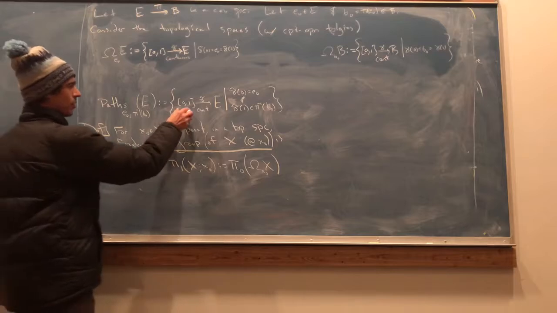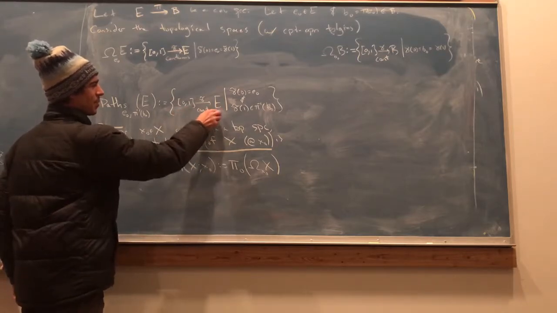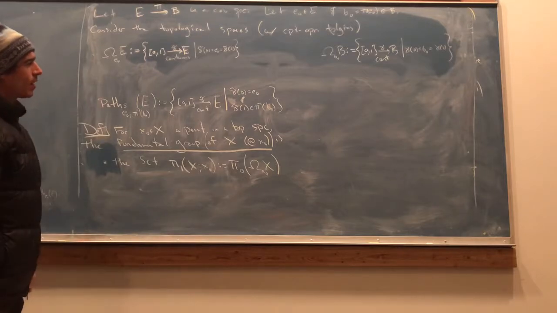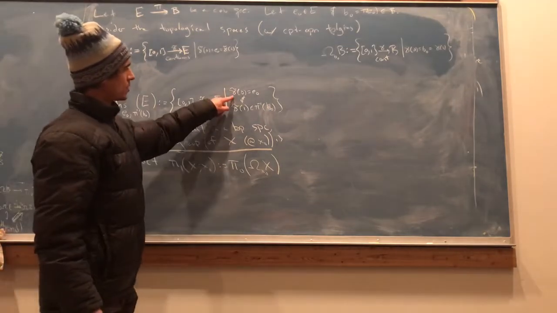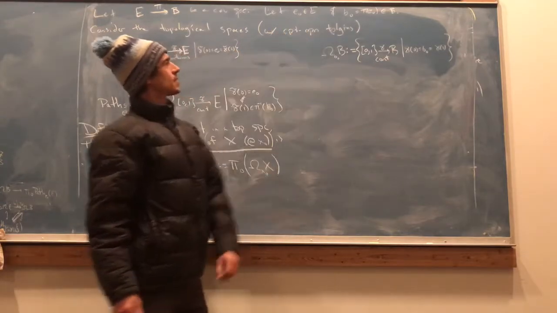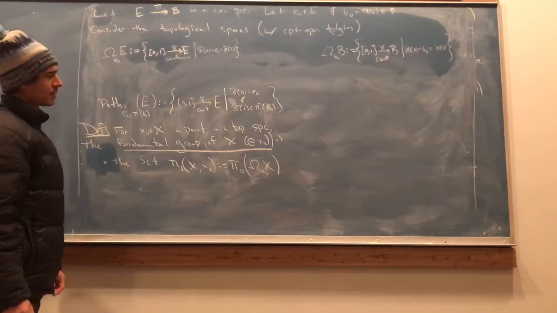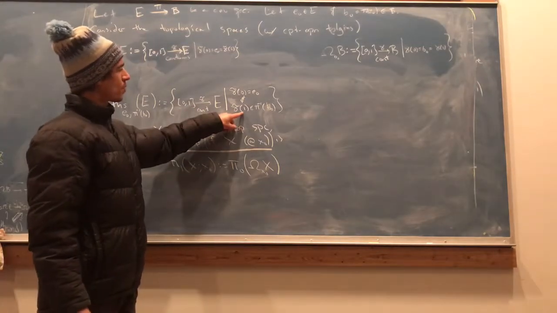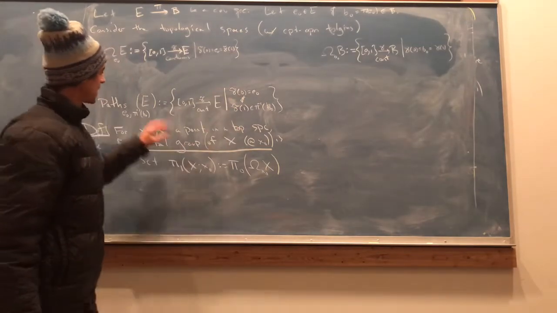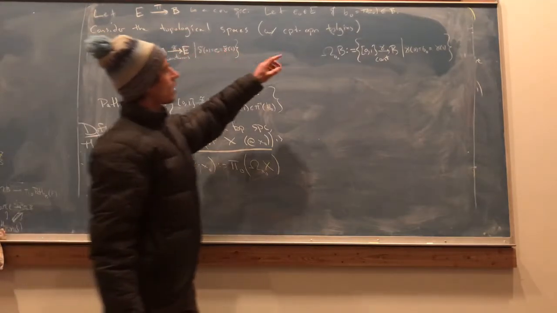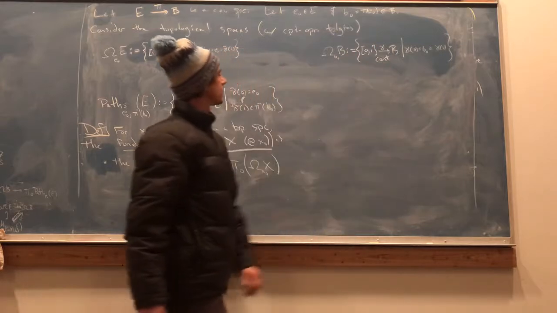It consists of those paths in capital E, so continuous maps from the closed interval to capital E, not all, but those whose value on 0 is the selected base point of capital E, little e naught, and whose value on 1, well, it's not an arbitrary element in capital E, but it lies in the fiber of little b naught.